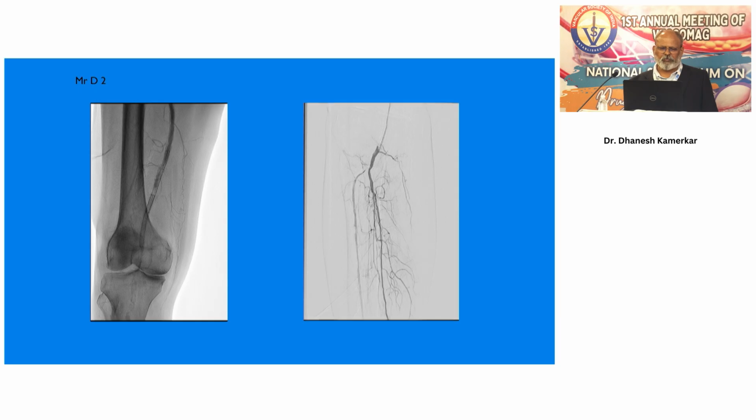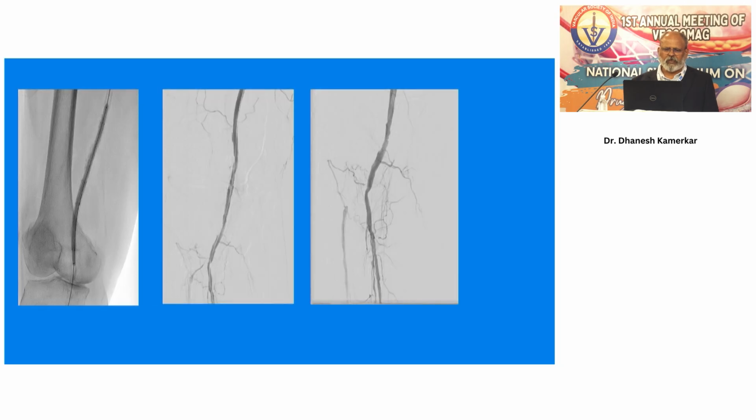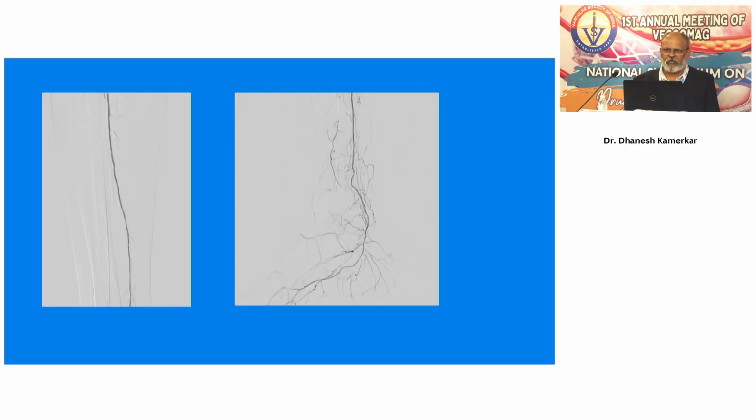This was the end picture, and then a few months down the line he came with the SFA stent going down, but when we took distal pictures, the drug-eluting stent which was planted earlier was patent. So we had to open the SFA and put another stent, and the status of the drug-eluting stent remained good. This was over a variable period from probably 6 months up to 1.5 years, with nice runoff.